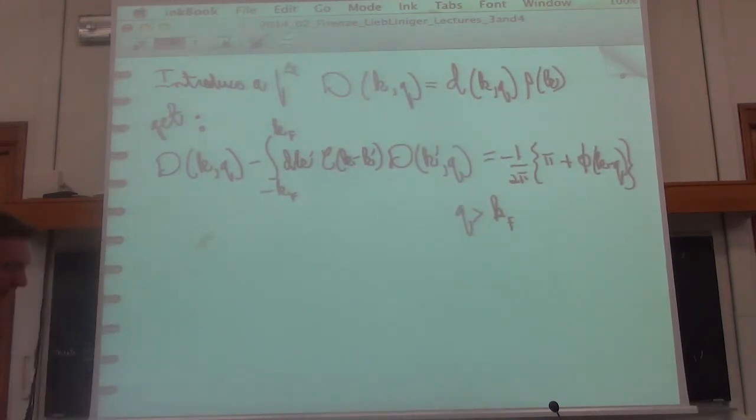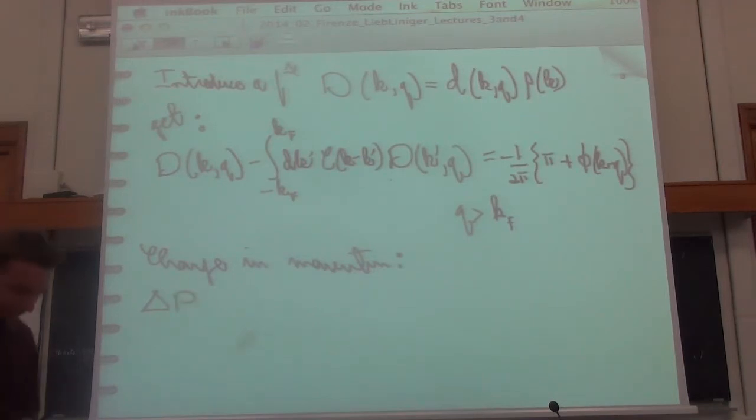So the change in momentum you can just calculate by taking the difference, once again, between the solutions of the Bethe equations for the excited state minus those of the ground state. You remember that the total momentum of the system is just the summation over all rapidities in that state.